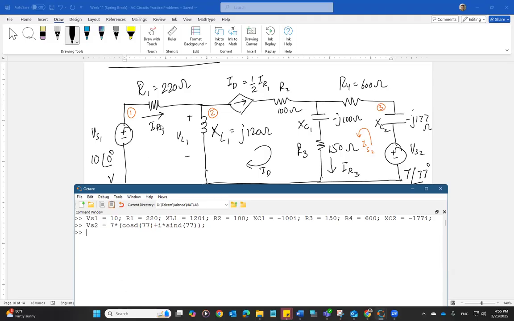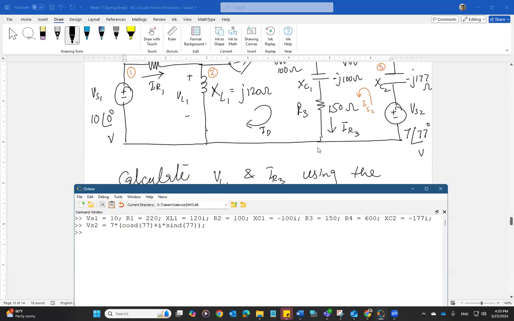VS1 is 10 volt, R1 is 220, XL1 is 120i, R2 that we are not using is 100, XC1 is negative 100i, R3 is 150, R4 is 600, XC2 is negative 177i, and VS2 is 7 times cosine of 77 plus j sine of 77. So all the values seem to be correct.